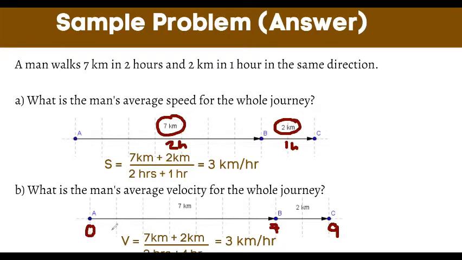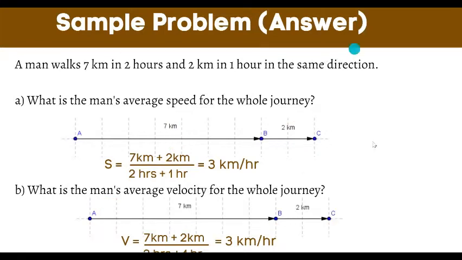We can say that the change in position is 9 kilometers, because your final position is 9 kilometers and the initial position is 0 kilometers. Then we divide it by the time elapsed. So we have 2 plus 1, or 3 hours, minus 0 hours. That's why you will have 3 kilometers per hour.